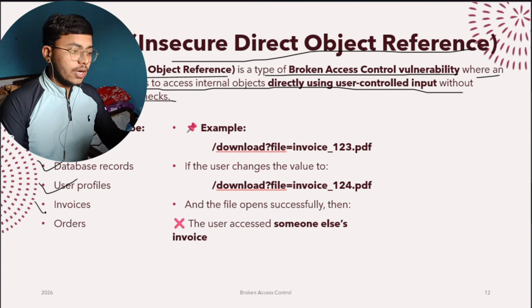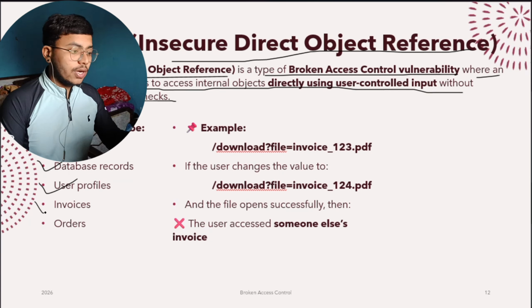Let's take an example here: /download?profile=invoice123.pdf. If the user changes the value to 124.pdf and the file opens successfully, then the user has accessed someone else's invoice.